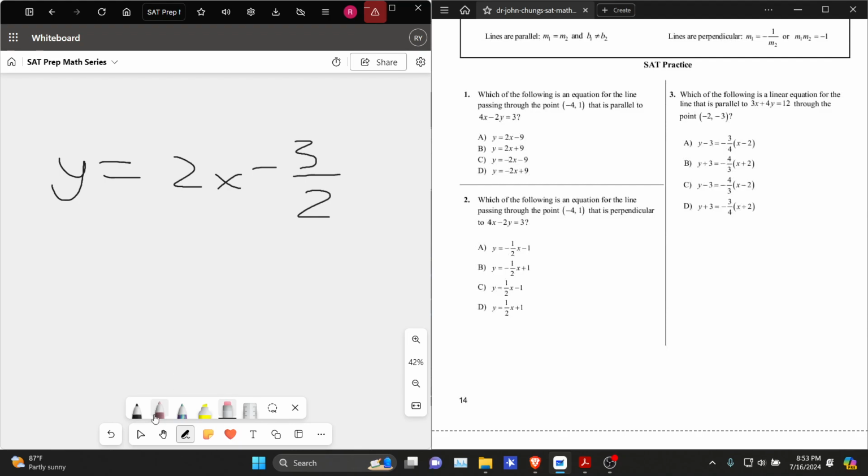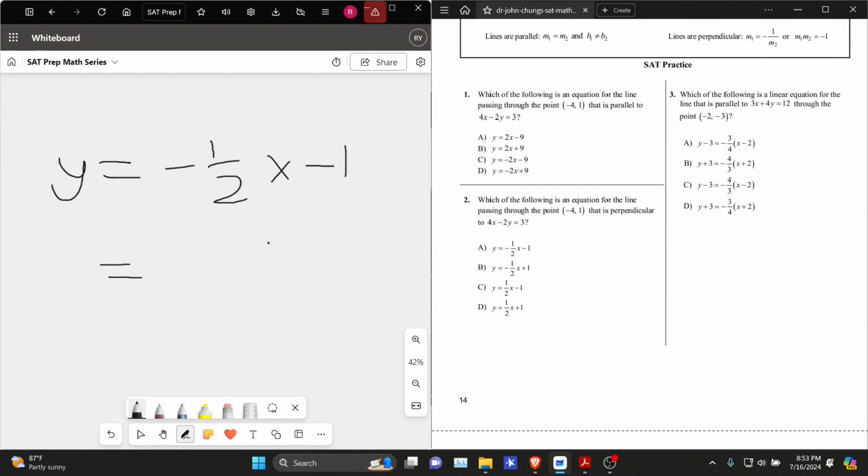Now let's check our options. We have A and B with the slope of -1/2, and we have to differentiate between those two options. We can do that by plugging in either the x or y value and seeing if they match up.